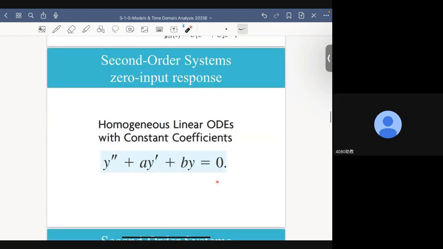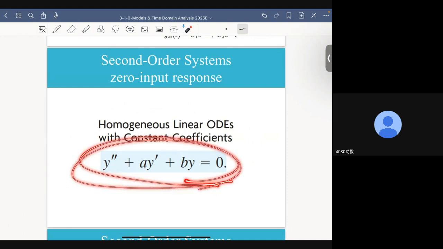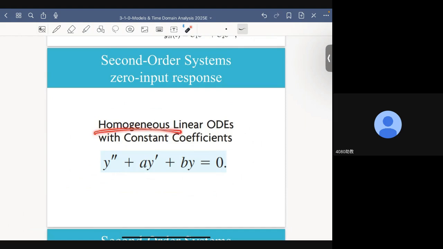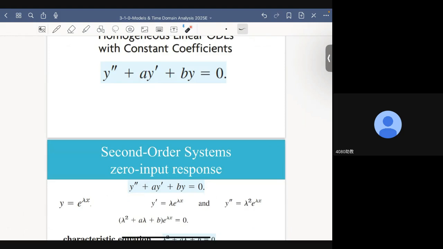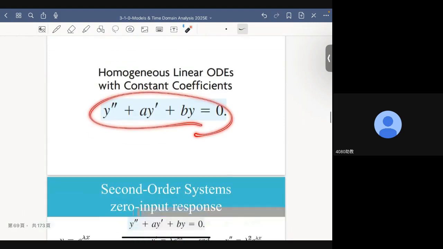Let's go back to the course of engineering mathematics. Now, in the course of engineering mathematics, we have to deal with such a so-called homogeneous linear ordinary differential equation with constant coefficients. In the course of control, this differential equation represents a second-order linear time invariant system, right? Now, in the course of engineering mathematics, how do we solve such a differential equation?